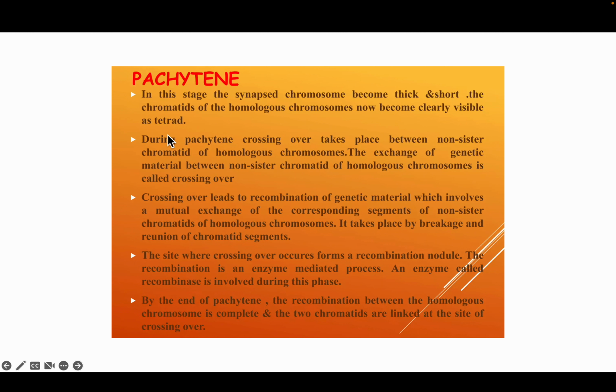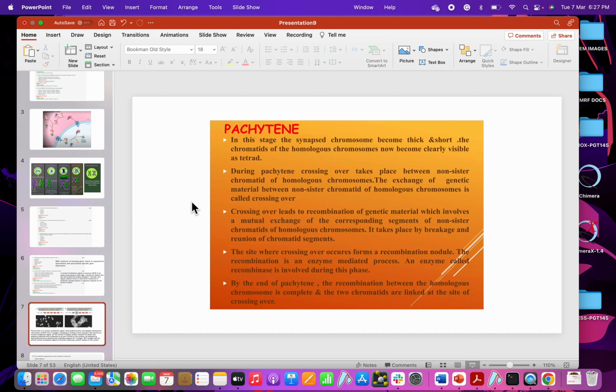That is a tetrad. During pachytene, crossing over takes place between non-sister chromatids of homologous chromosomes. The exchange of genetic material between non-sister chromatids of homologous chromosomes is called crossing over. We'll know this in great detail in future slides. Crossing over leads to recombination.